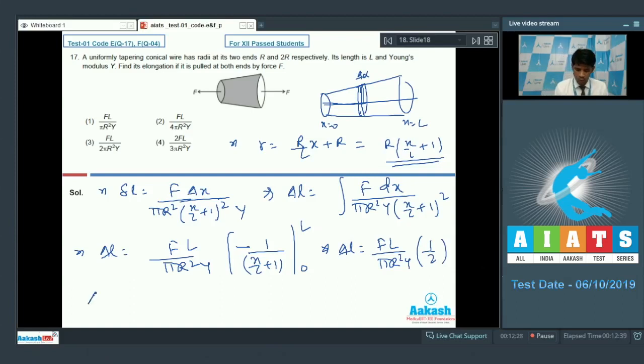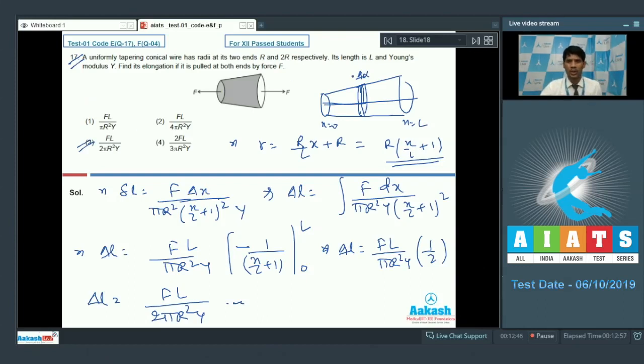So total elongation would be FL divided by 2 pi r square Y. This is the final answer, so option number 3 is correct for question number 17.